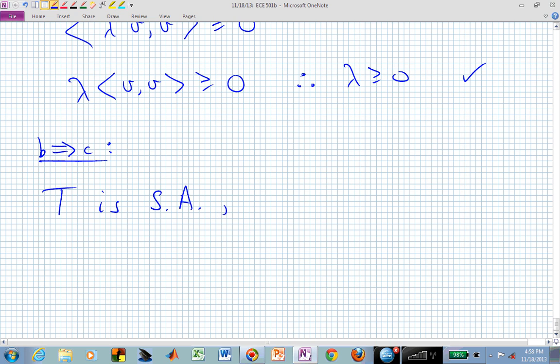And if T is self-adjoint, we can now find an orthonormal basis for that vector space from the spectral theorem.